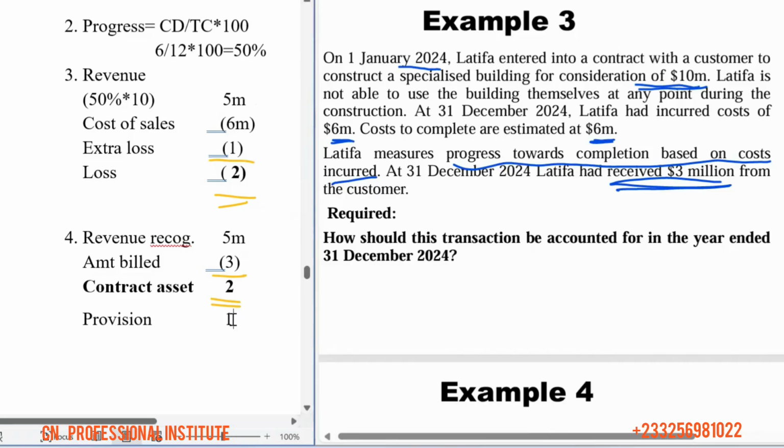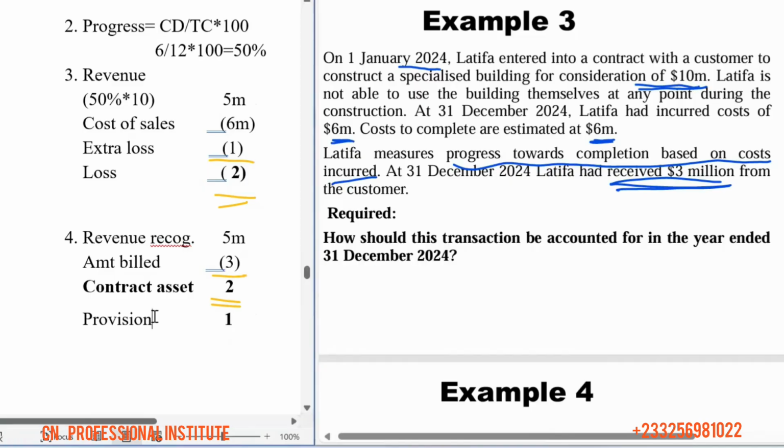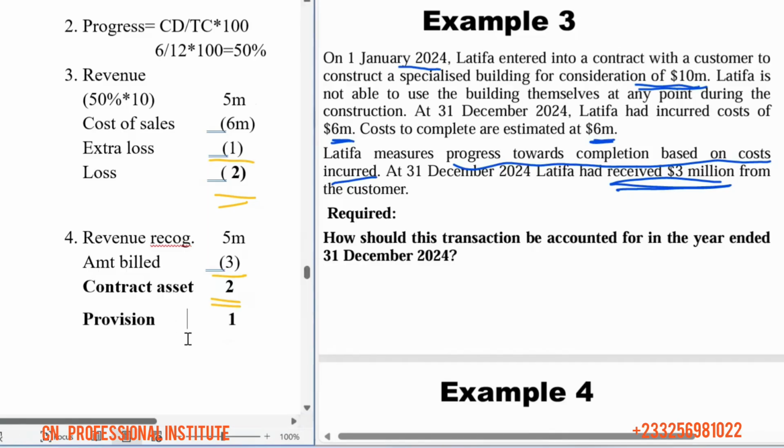And this provision will be a current liability. So don't forget this 1 million, we are going to record it in our books as current liability. The provision from the P&L account, this 1 million extra difference that we recorded, right? Okay, so that's question 3.